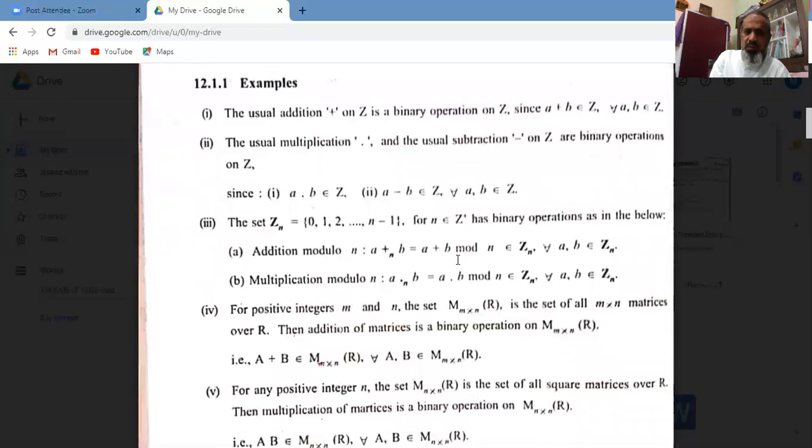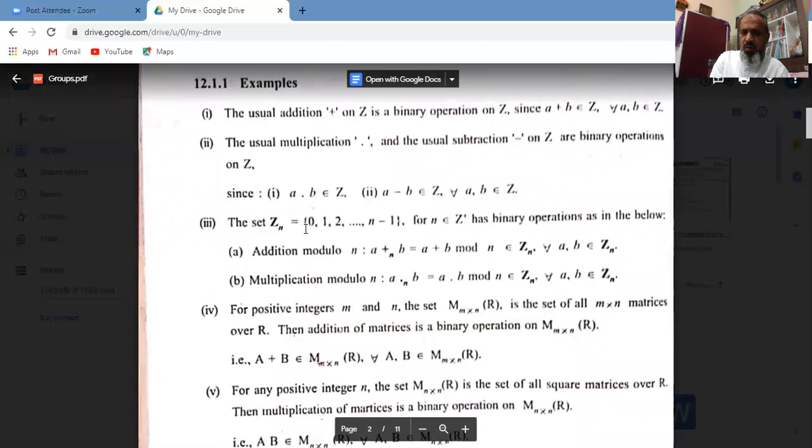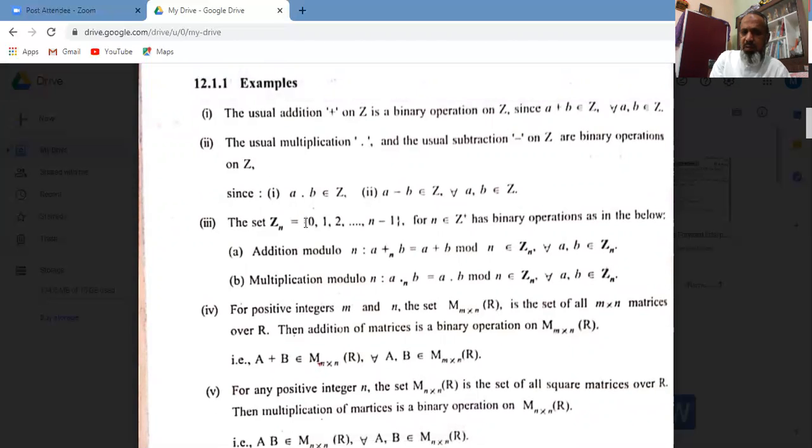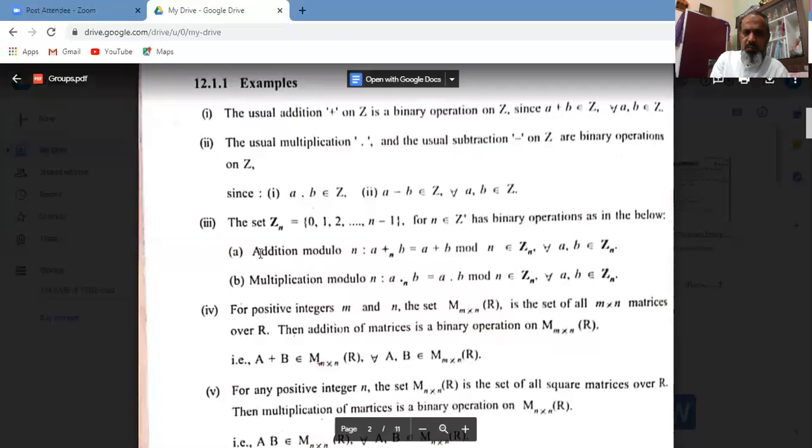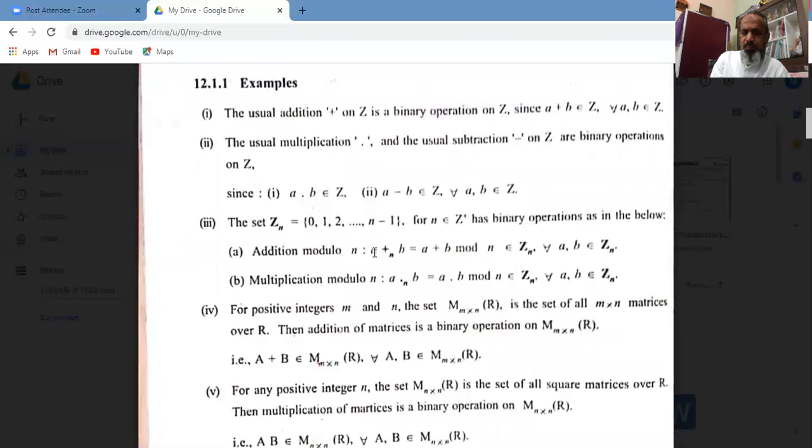Similarly, Zn, what is Zn? Zn is the set of integers less than n starting from 0: 0, 1, 2, 3, up to n minus 1, for all n belonging to Z plus, has a binary operation as addition modulo n.